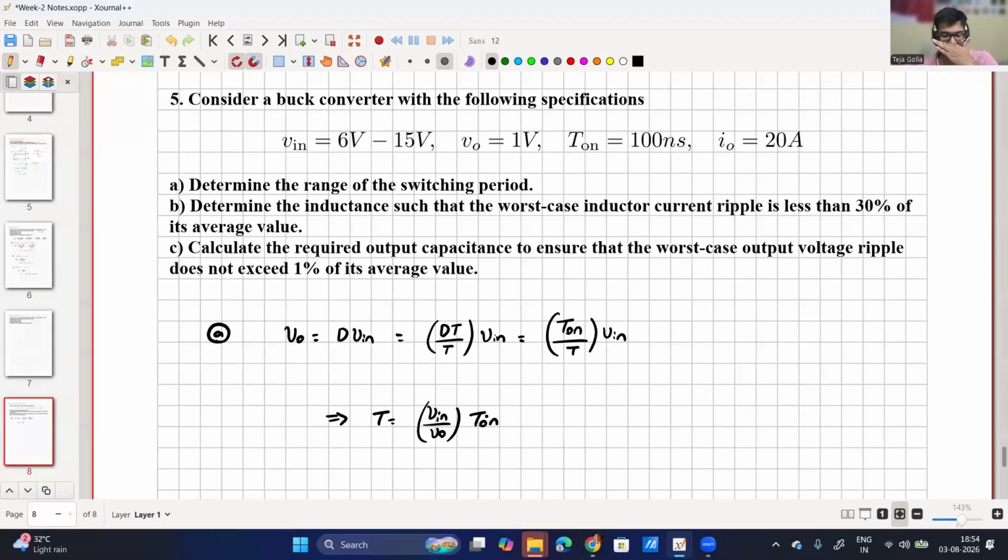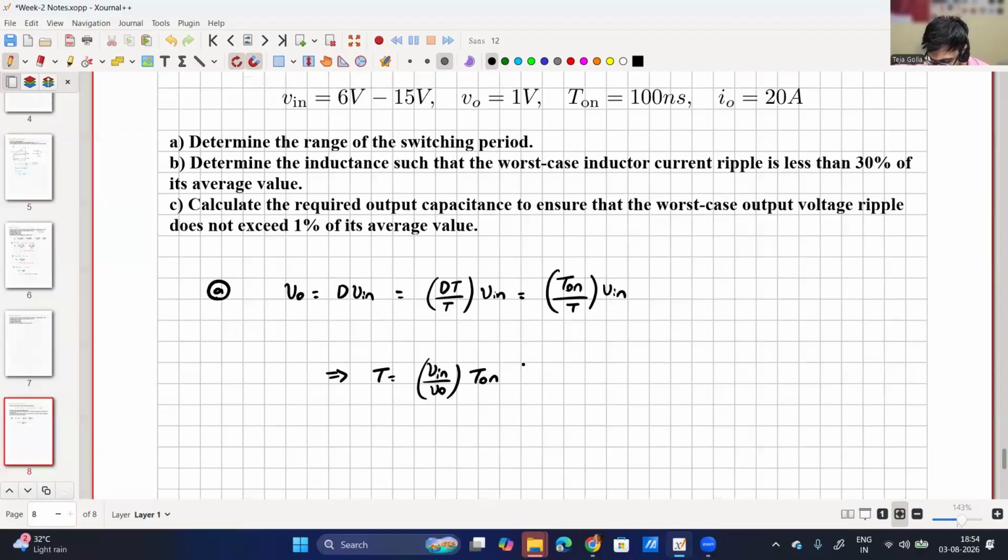I have just written it in a way so that I can calculate the time period T in terms of the variables given in the question. I have just reframed the known expression for a buck converter. Since V in is given, V naught is given, and the on time is given, I'm writing the overall time period in these three variables so I can calculate its range.